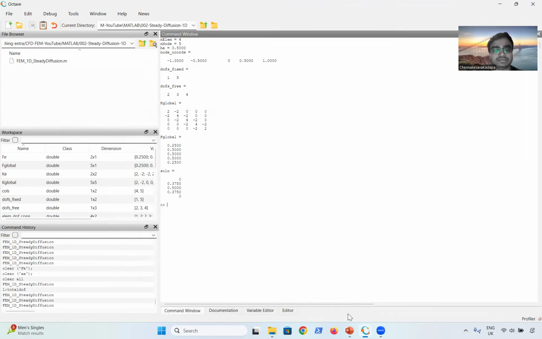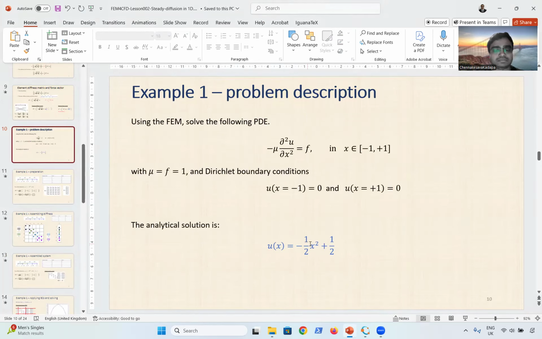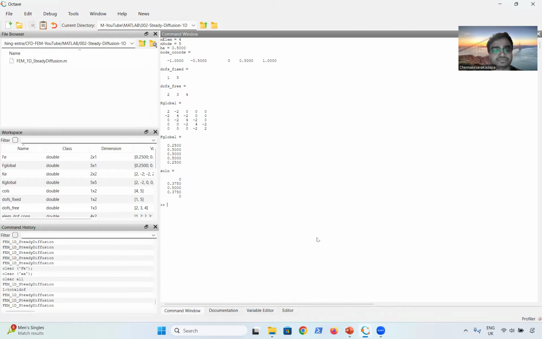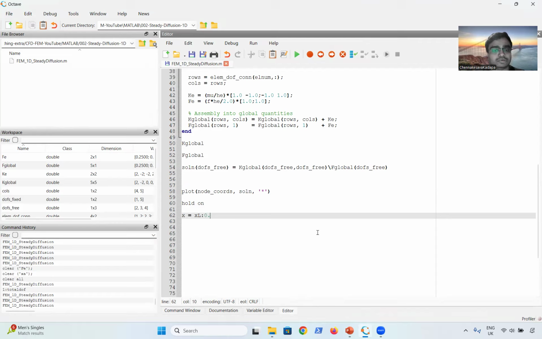For comparison, we use the analytical solution, minus half x squared plus half x. Hold on, for plotting the analytical solution, I'm going to use a smoother one, so I'm going to use more points. I'm calling it the exact solution.